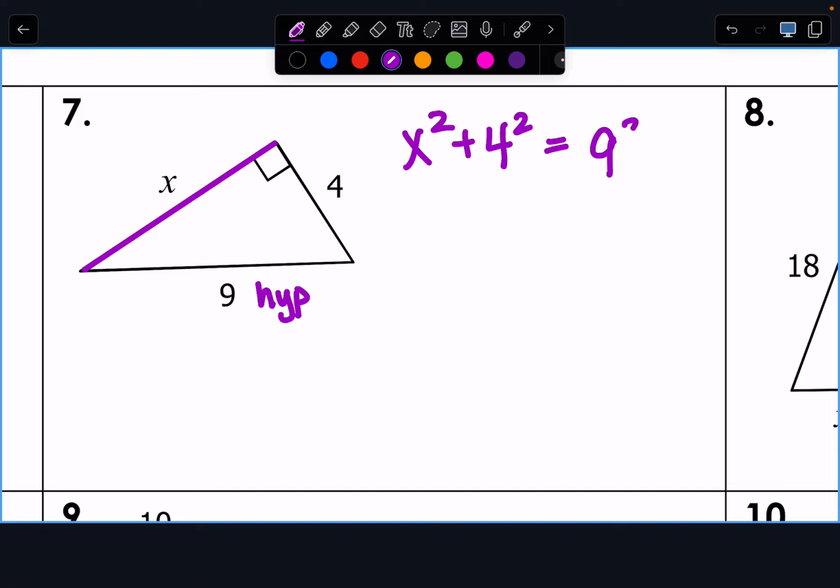I need to make sure that 9 squared is by itself on one side of the equal sign since it is the hypotenuse.